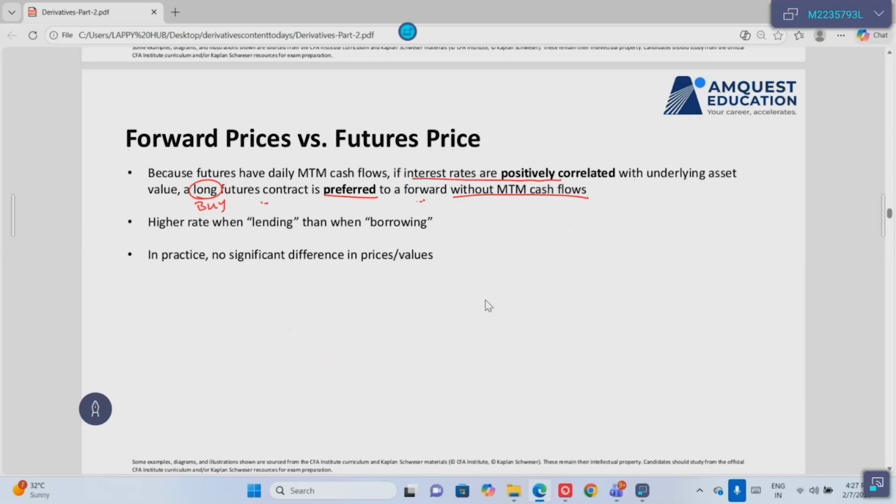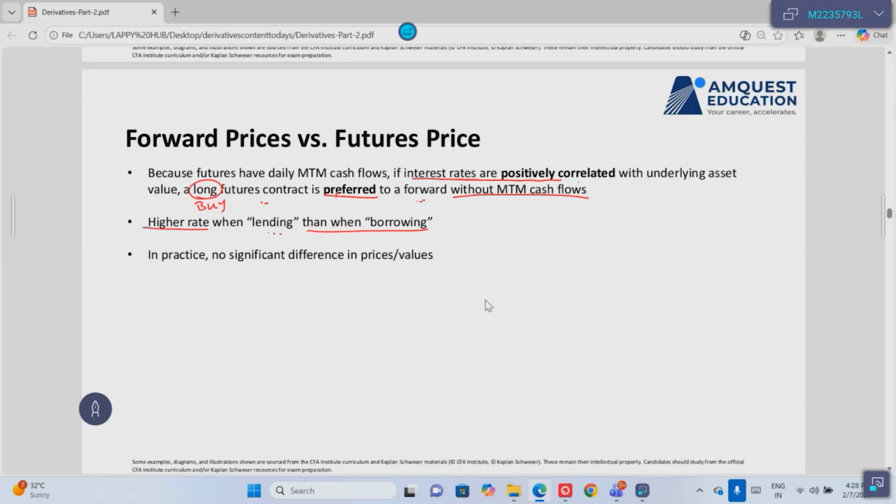Why would that happen? Because in a long futures, the interest rates are correlated, so you might get cash flows coming in. You prefer to have a mark-to-market cash flow when you're going to get the money, right? A higher rate when lending than when borrowing, right? You'll obviously want to lend at a higher rate and borrow at a lower rate, right or wrong?